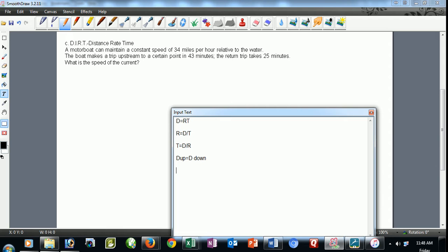What's the formula for distance? RT equals RT.